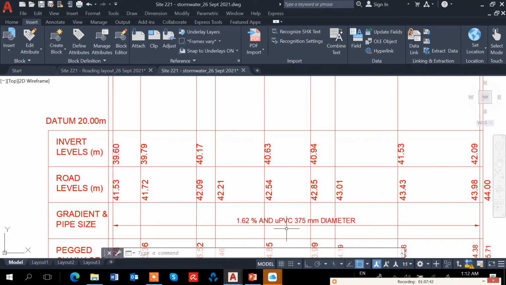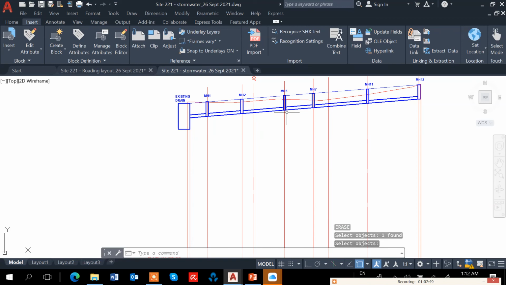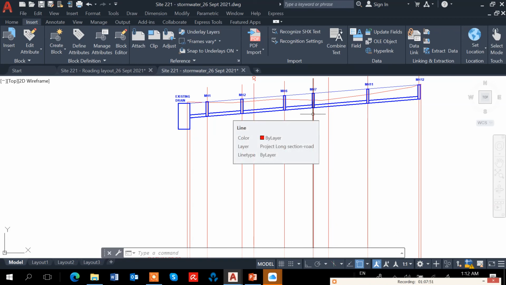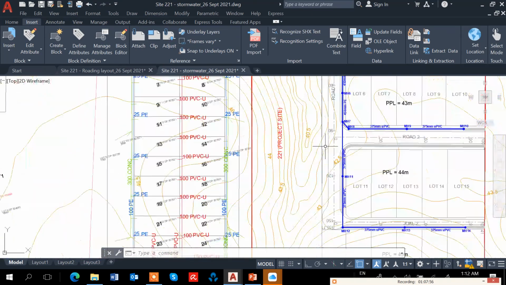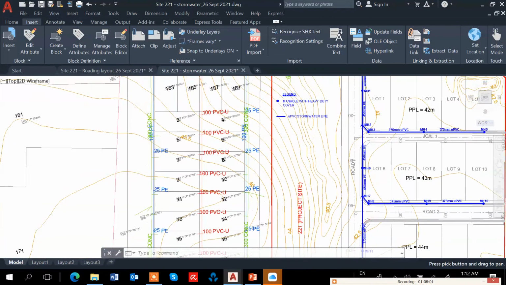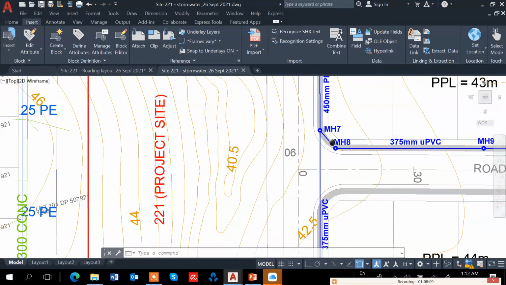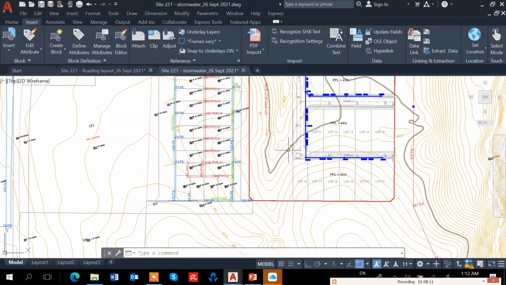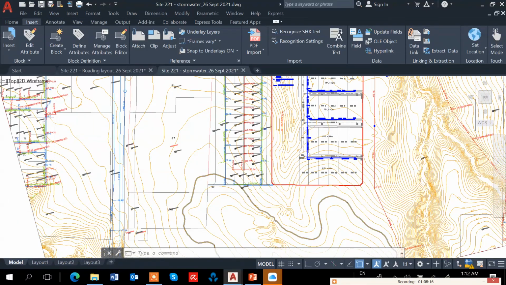The percentage is correct, but it's not throughout. From manhole 1 to 7 is 450 mm PE, and from manhole 7 to 12 is actually 375 UPVC.